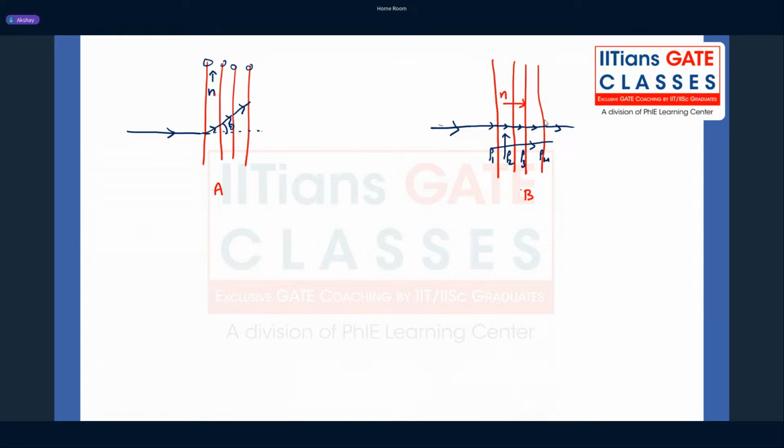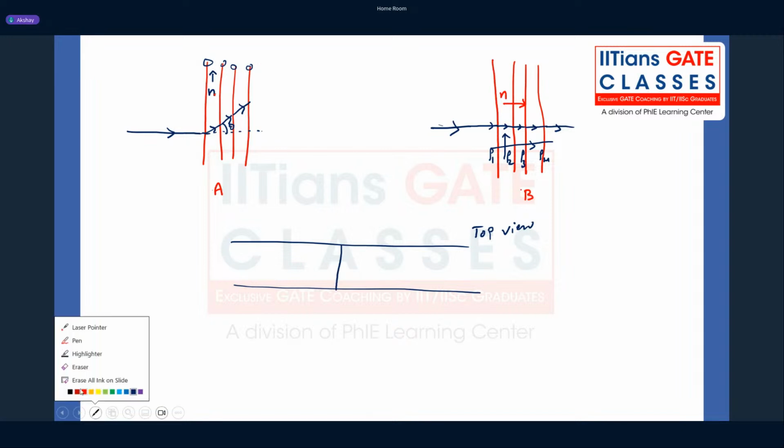Okay, so now let us try to understand this idea in more physical pictures. Say I have a wind tunnel, this section of a wind tunnel. I am viewing from the top. I am keeping a wedge.